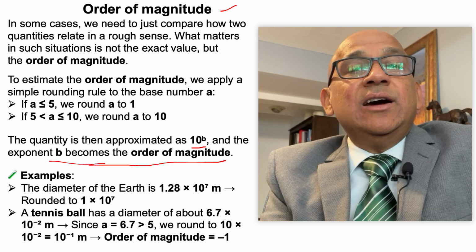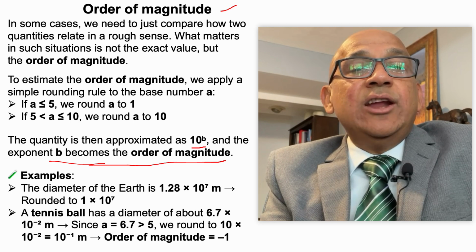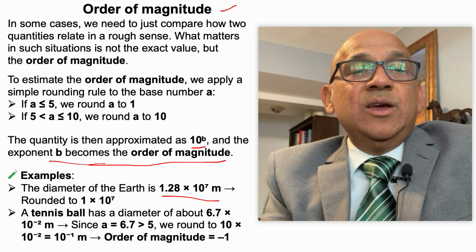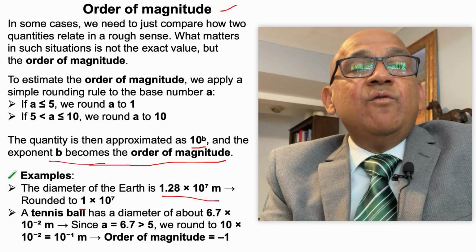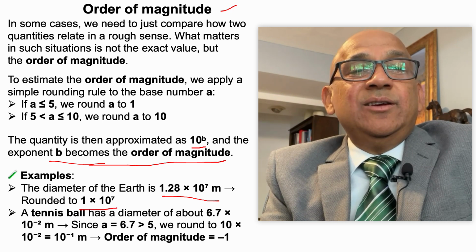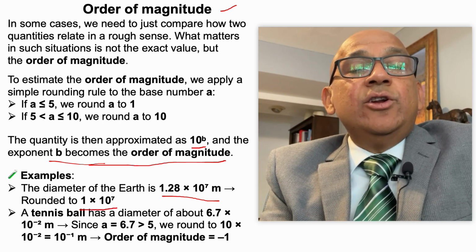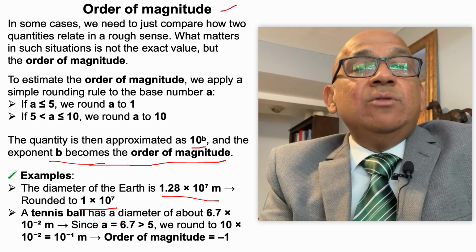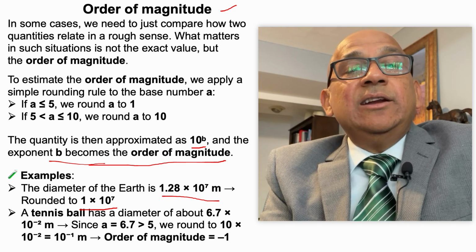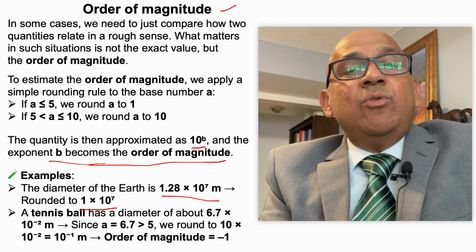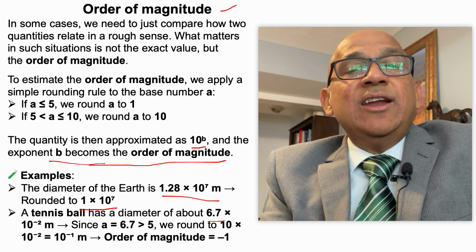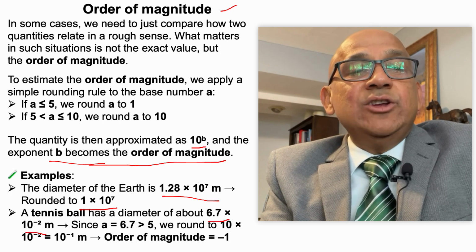Let us look into an example. The diameter of the earth is 1.28 times 10 to power 7 meters. If you round it, it will be 1 times 10 to power 7. So this 7 will be the order of magnitude. Another example is a tennis ball. A tennis ball has a diameter of 6.7 times 10 to power minus 2 meter.